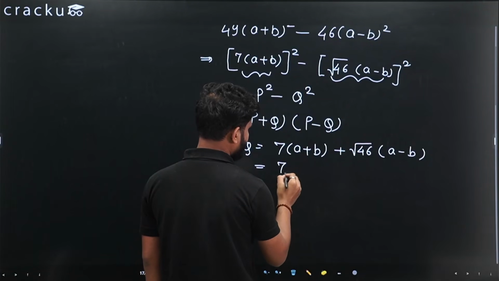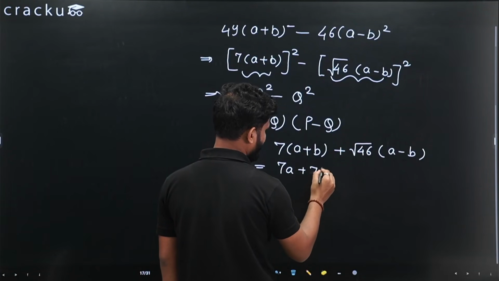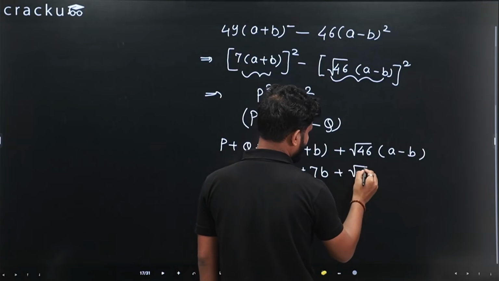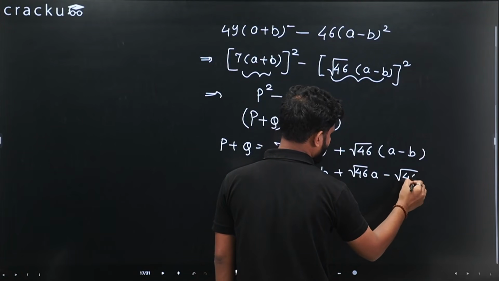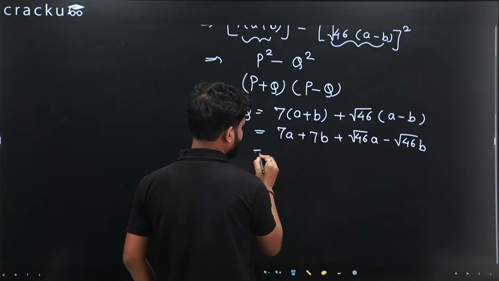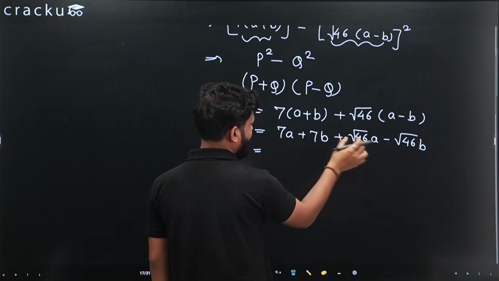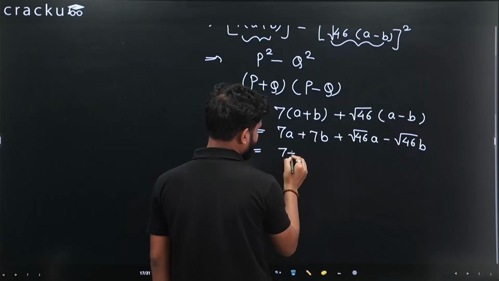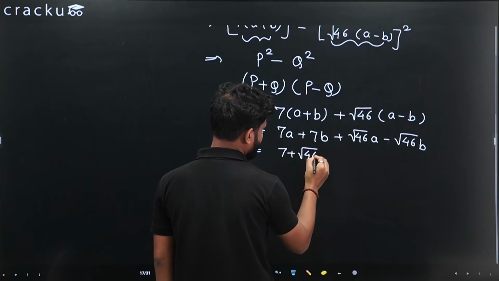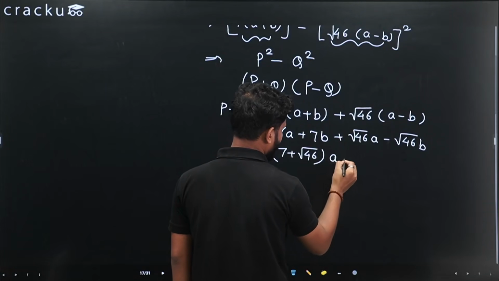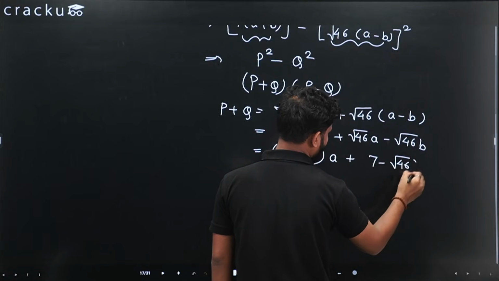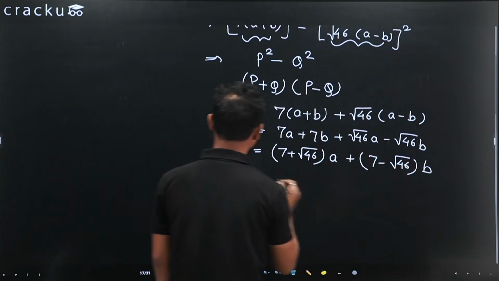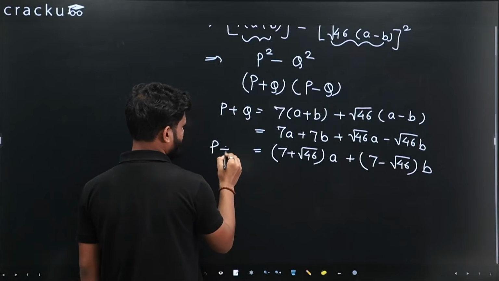So this will be what? 7A plus 7B plus under root 46 A minus under root 46 B. Or from here I can say, if I combine A, I will get (7 plus under root 46) A plus (7 minus under root 46) B. This is the value of P plus Q.